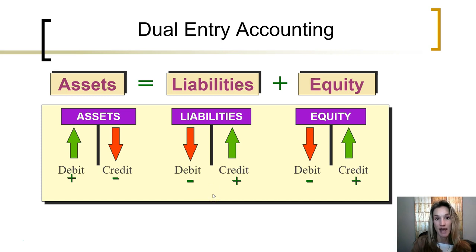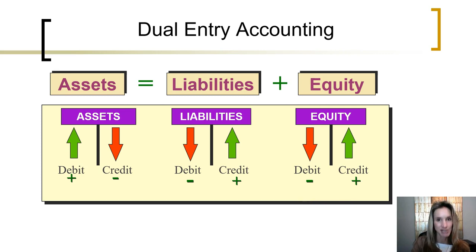Liabilities, however, have an opposite effect. Credits increase liability accounts, whereas debits decrease a liability account. And finally, over here in equity, overall equity is increased with a credit and decreased with a debit.